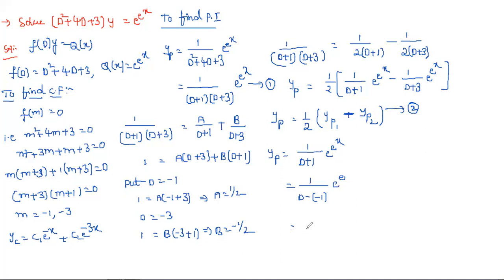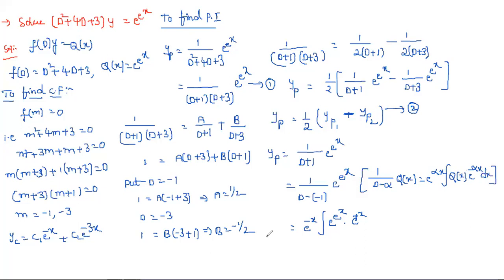Now you can apply the formula: 1/(D - α) Q(x) = e^(αx) ∫ Q(x) e^(-αx) dx. Here α = -1, so e^(-x) ∫ e^x · e^(x) dx, since minus of minus becomes plus.